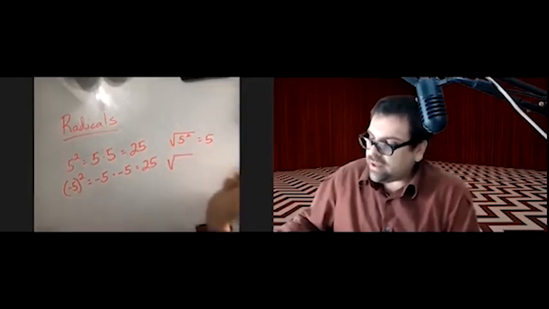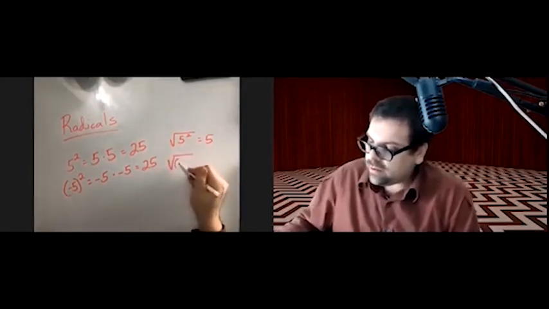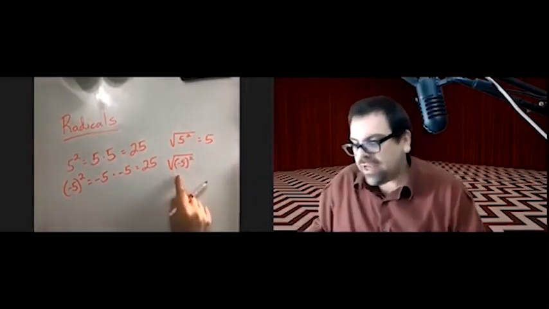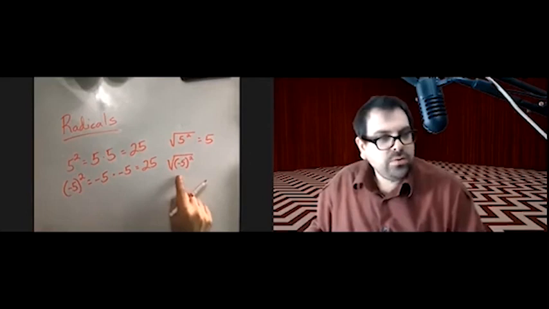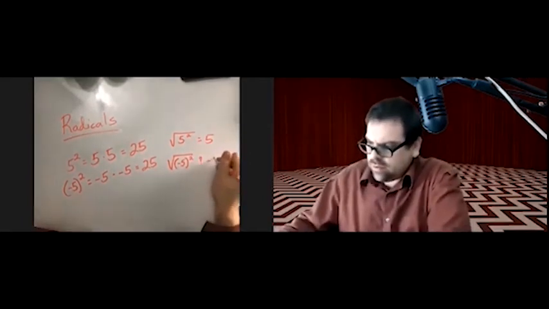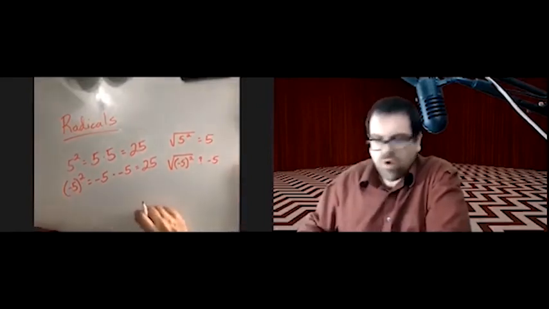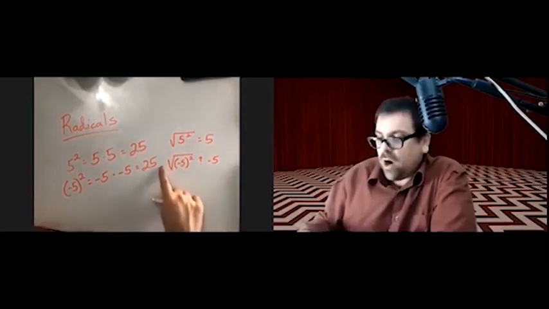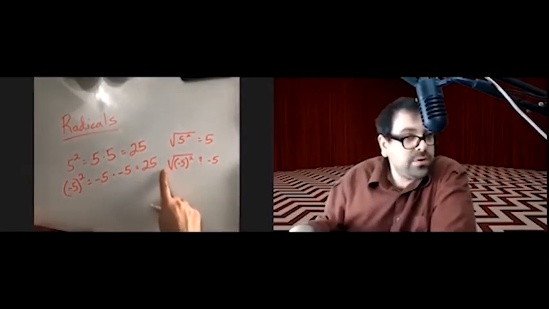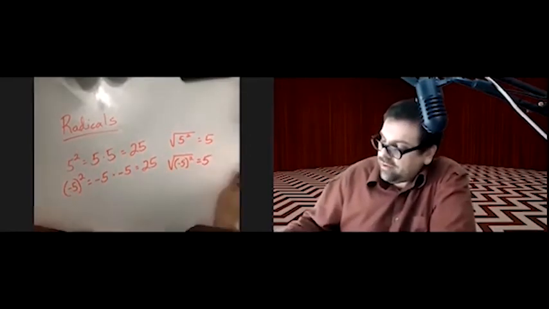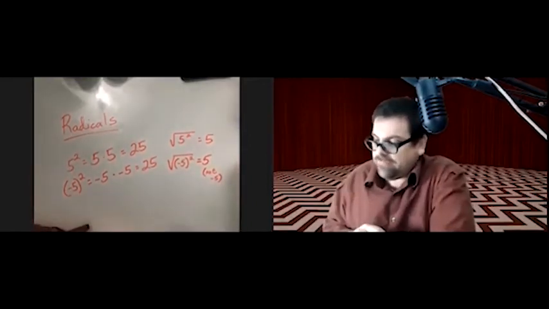Well, wouldn't that mean that the square root of -5 squared would be -5? No. Because there's no opposite in front of this symbol. So what does this have to be? It has to be 5, not -5.